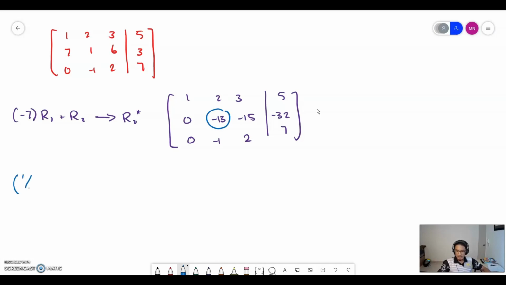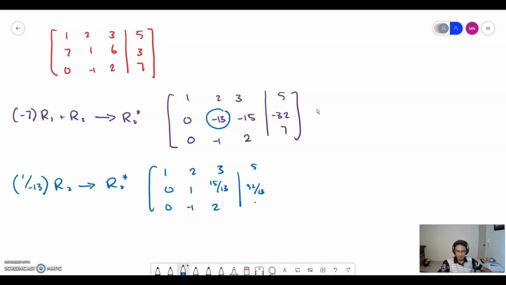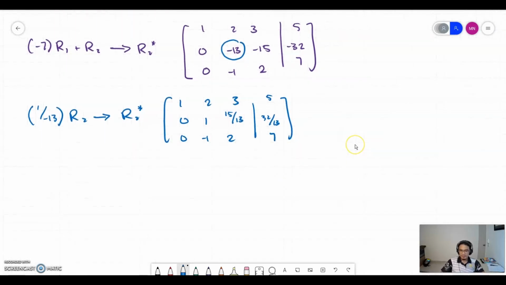So we take 1 over -13, row number 2. So it is 1, 2, 3, 0, 1, 15 over 13, 0, -1, 2, and 5, 32 over 13, and 7.